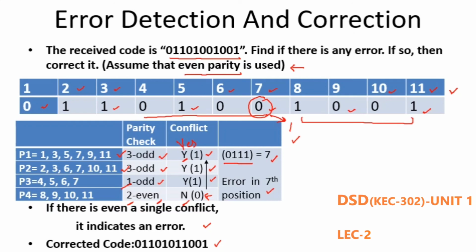The conflicts have to be replaced by 1 and non-conflicts by zeros. So in this way, we can prepare, detect and correct errors using Hamming code. You can take this question as an assignment and perform the same thing using odd parity.